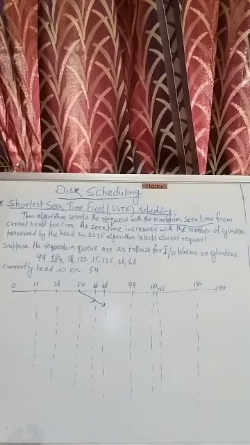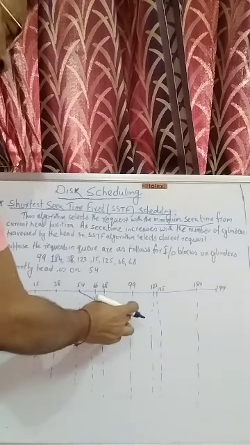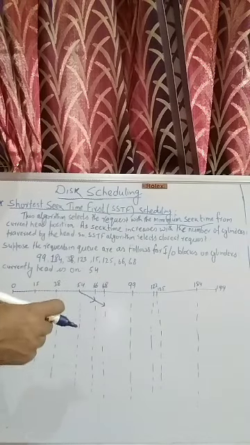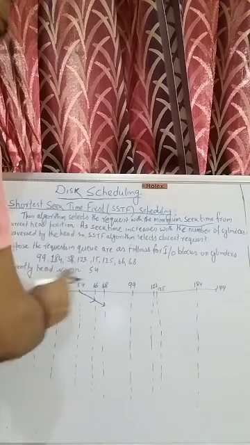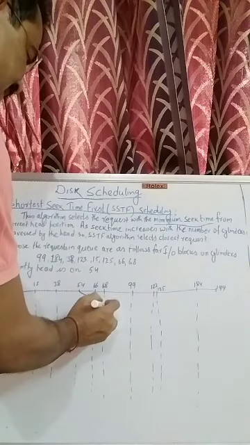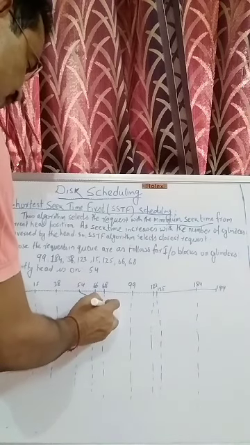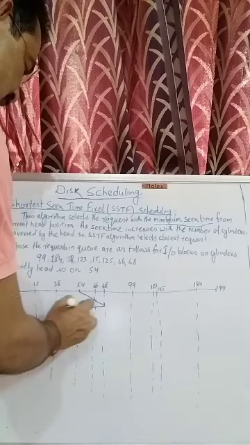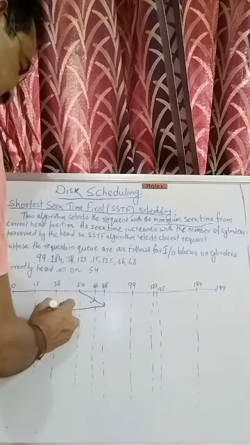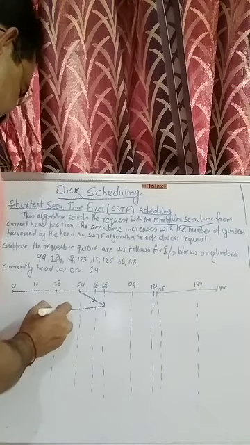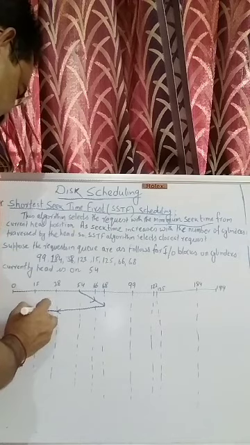After that, the next head movement is either to 99 or to 38. So 68 to 99 is 31 and 68 to 38 is 30. So the head now moves backward to process the request at 38. After 38, the next minimum request is 15.